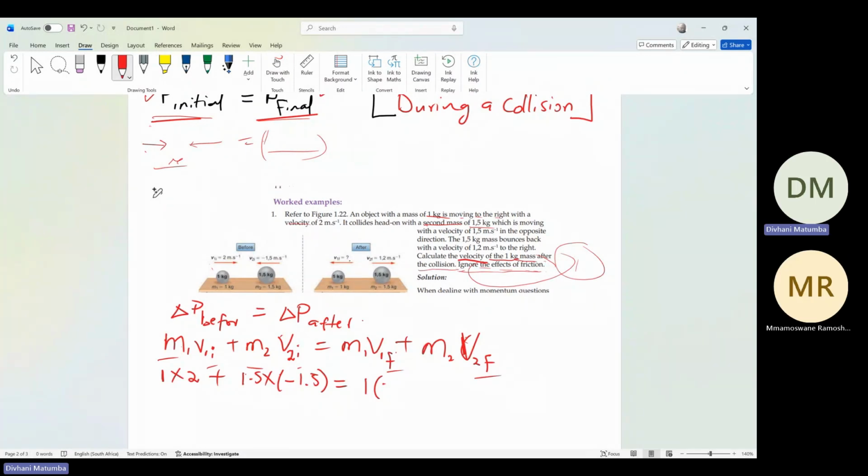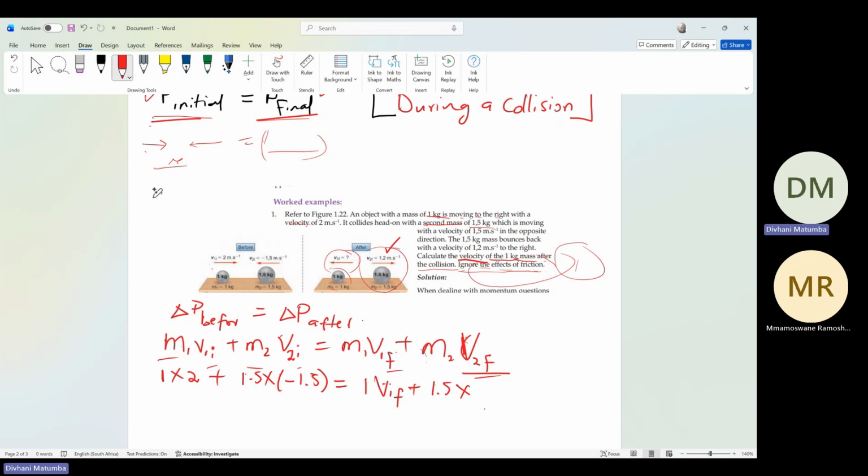After collision we don't know the velocity of object 1, but we know the velocity of object 2 because it is given. Because it is not given, I'm going to put V1 final. That's what we are calculating, plus M2, which is 1.5, times velocity 2.